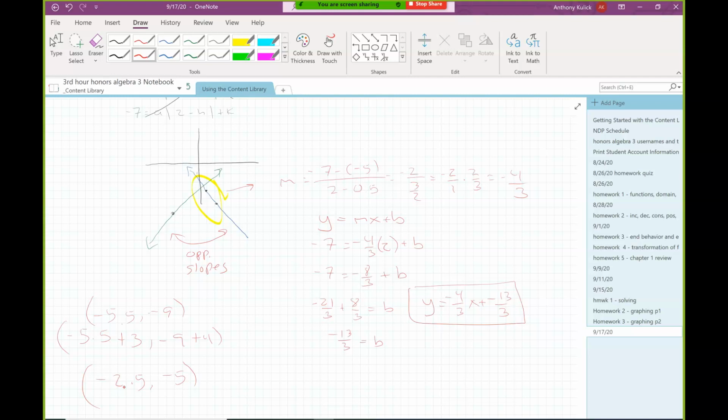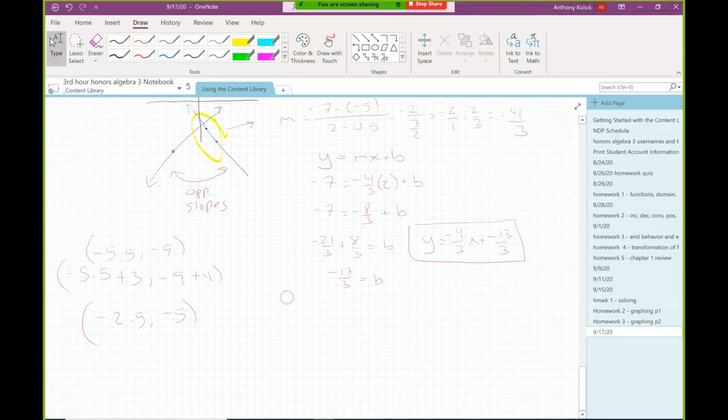Everybody agree with that? So now I can find the y-intercept there. Actually, I don't even need that, do I? So just in green, I didn't need to do that. It's fine, it's true, but we don't need it.